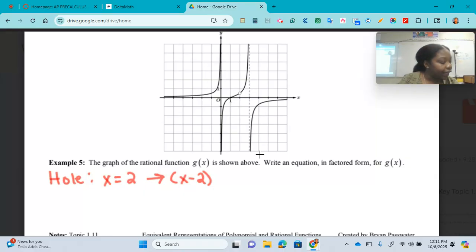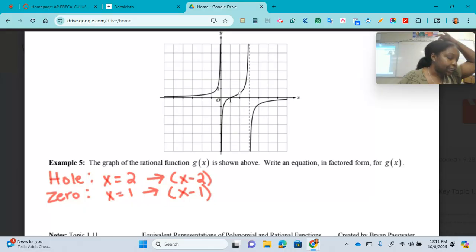We have a 0 at x equals 1. The factor is x minus 1, and that will be in the numerator. Because if it was in the denominator, that would give us a vertical asymptote.